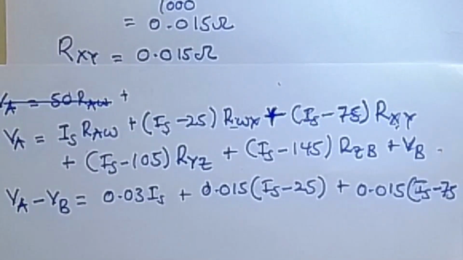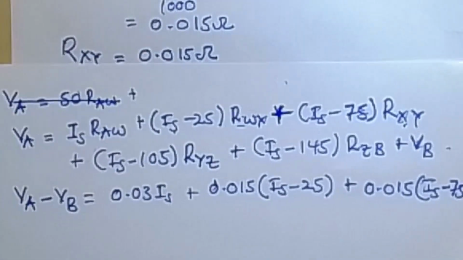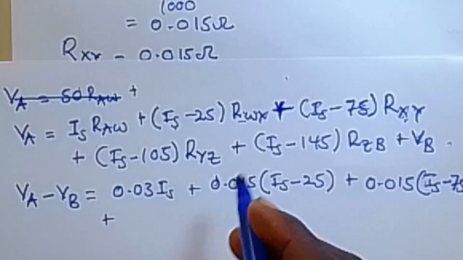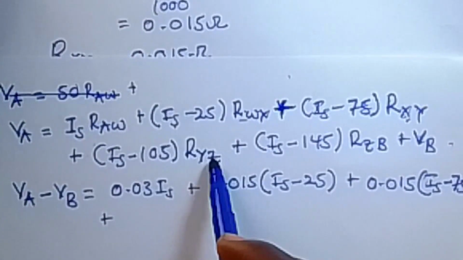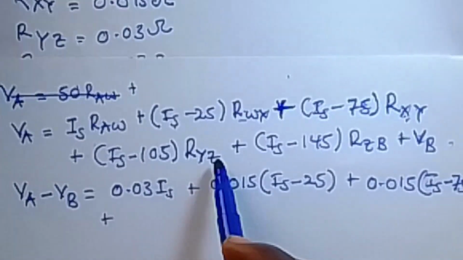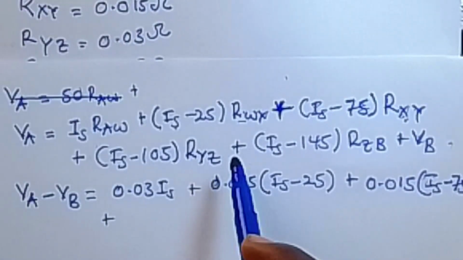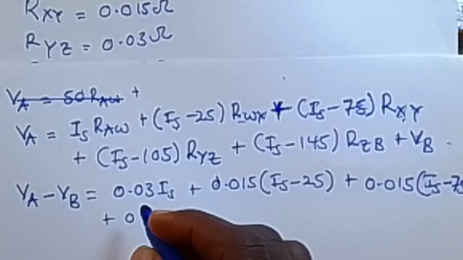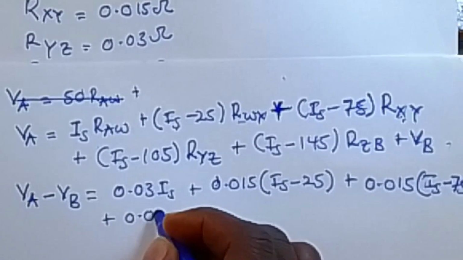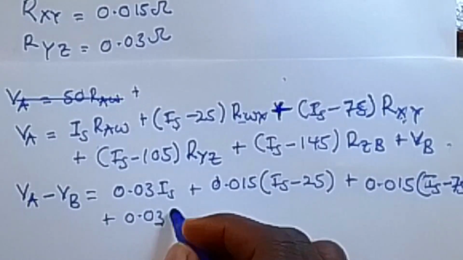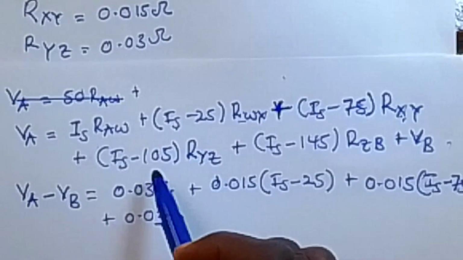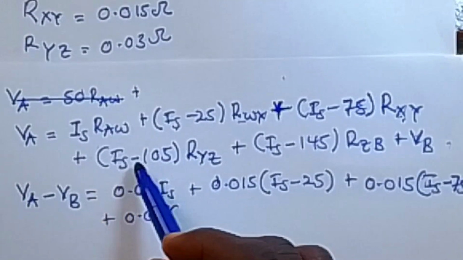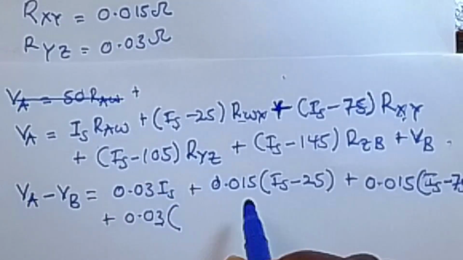Then we proceed again to the next value, which is plus RYZ. Our RYZ we calculated was 0.03. So it will be plus 0.03 into brackets the value of IS minus 105.